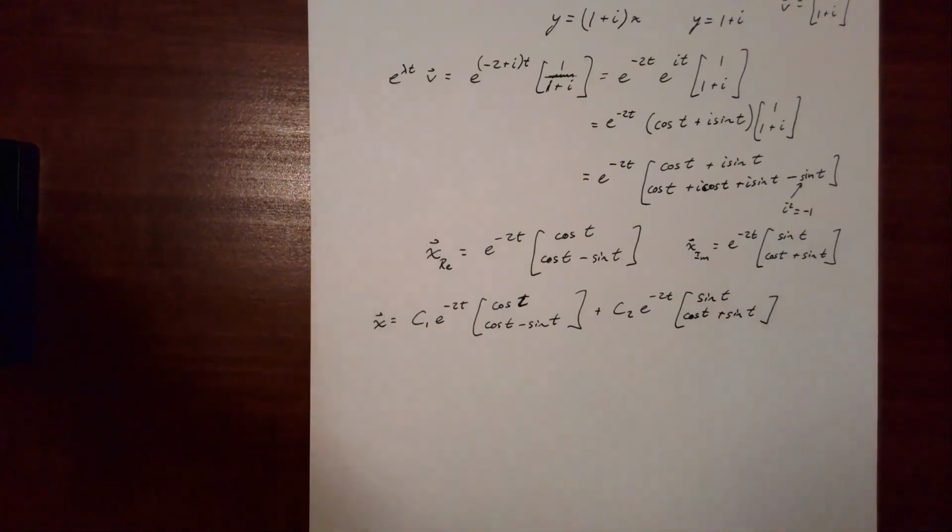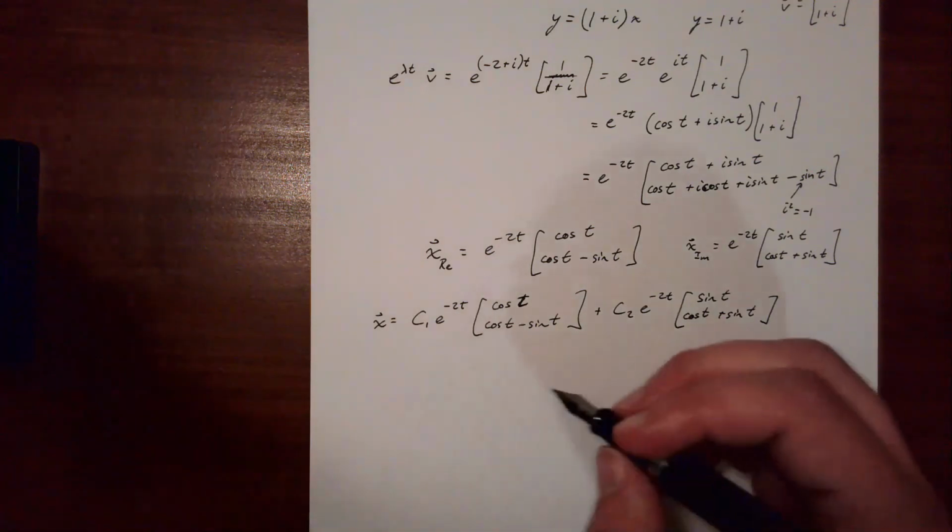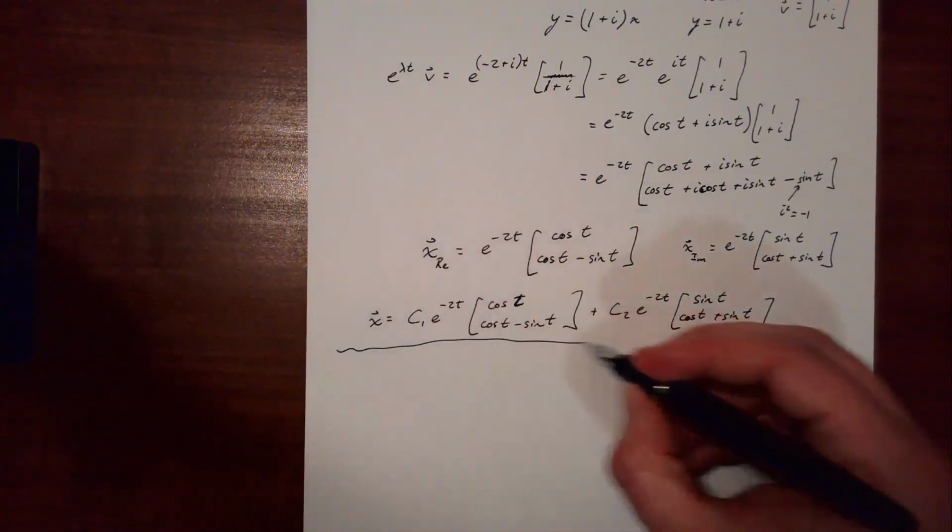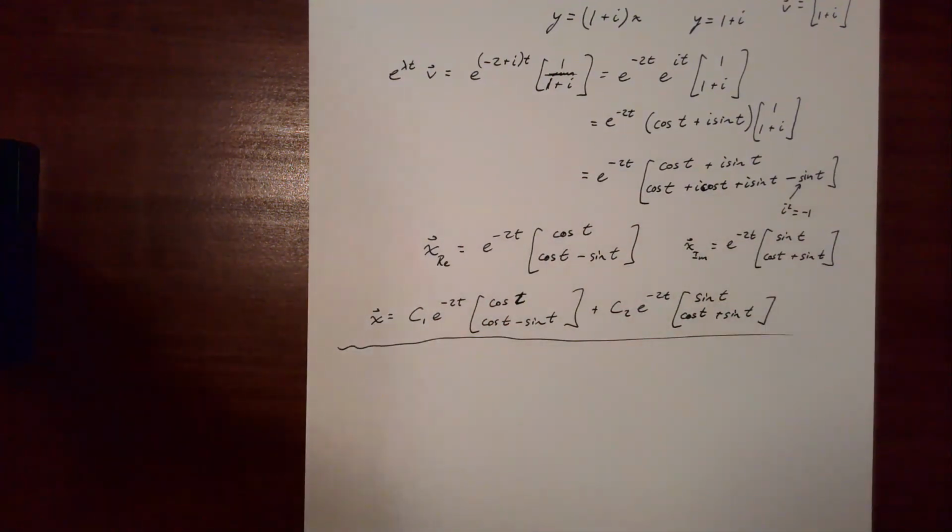And if we had initial conditions, we would now put them in and see what we would get from this. So once again, what we need to get the c1 and c2 specified would be an initial value for x and for y.